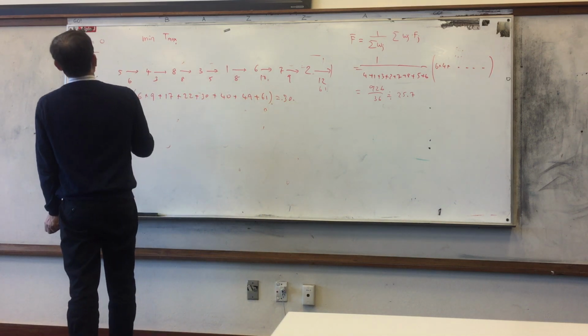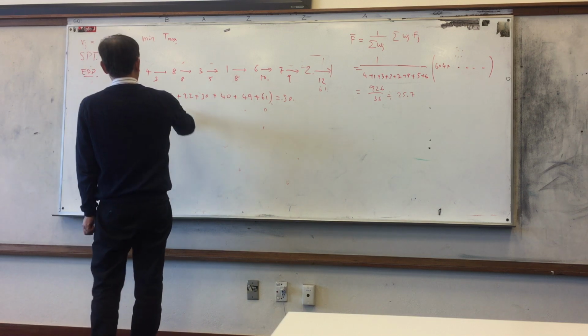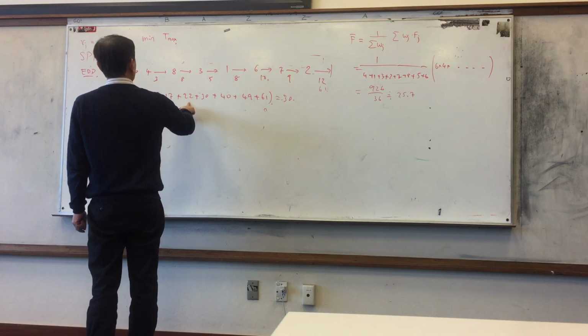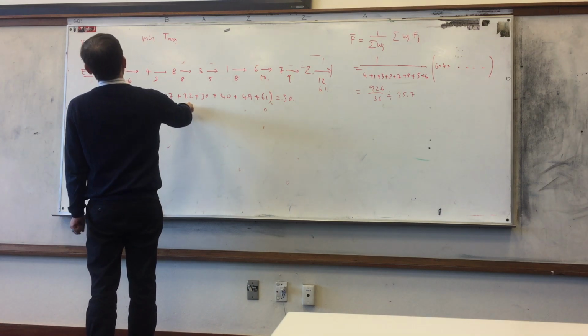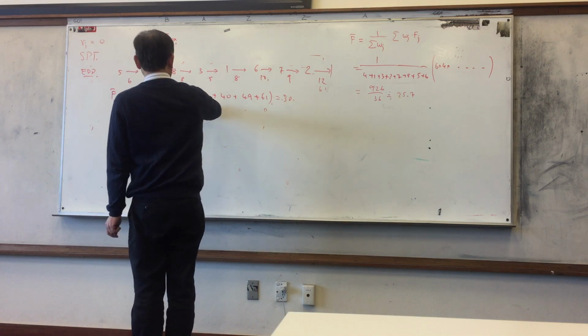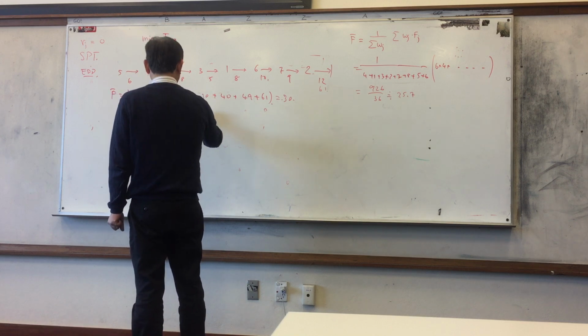Number 4 has a due date of 7, and number 8 has a due date of 8. Number 3 has a due date of 10. Then number 1 has a due date of 19.